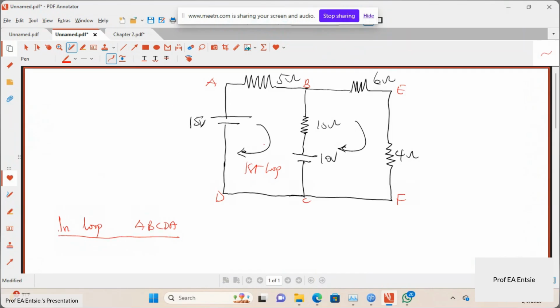Let me call the current in the first loop I1 and the current here I2. As simple as that.